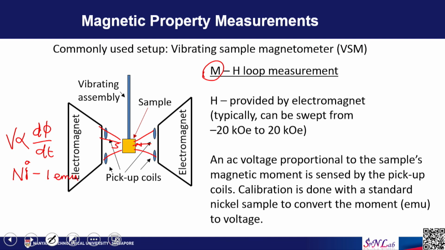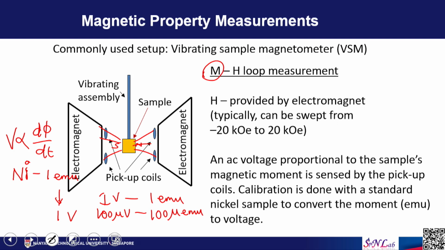Okay. At first what you do, you place the nickel sample here, you vibrate and look at the voltage. Let us say 1 EMU produces 1 volt. Okay. Then you go back, then you know that 1 volt means 1 EMU. Suppose you get 100 microvolt, then you know that it is 100 micro EMU.